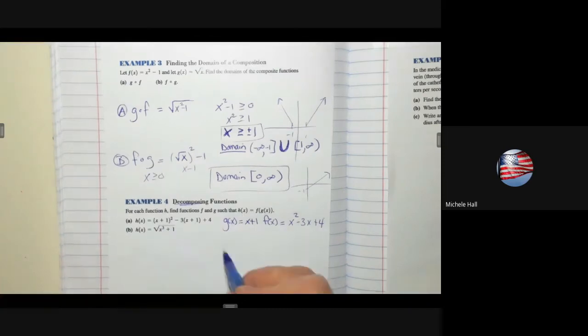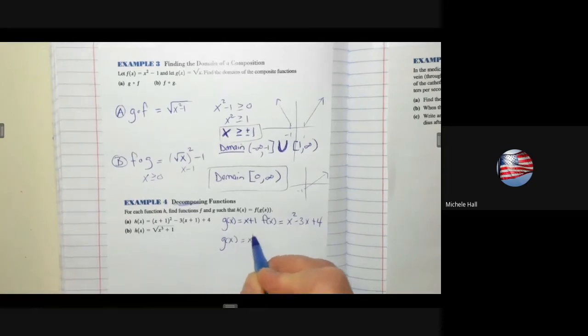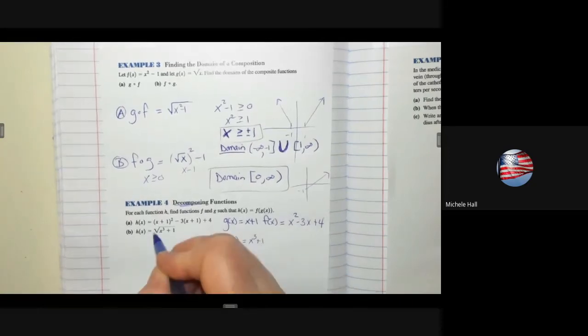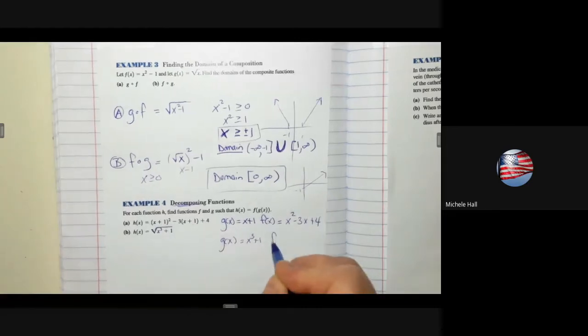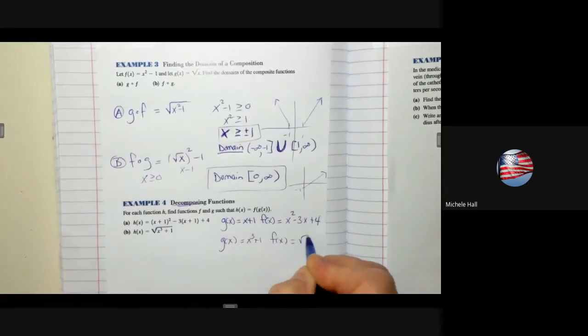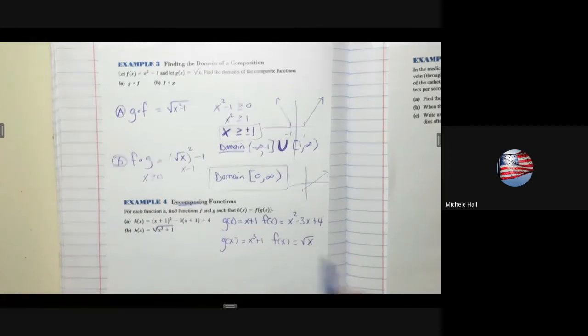So I would say that g of x equals x cubed plus 1. And then f of x was the square root of x. So g is going into f. X cubed plus 1 is going in for this x.